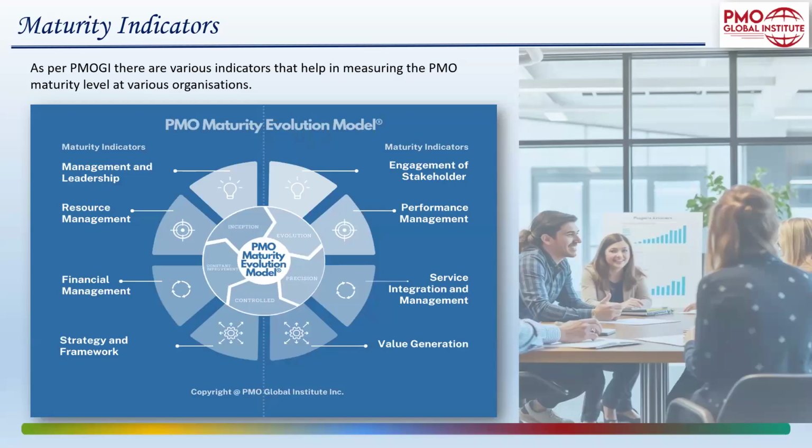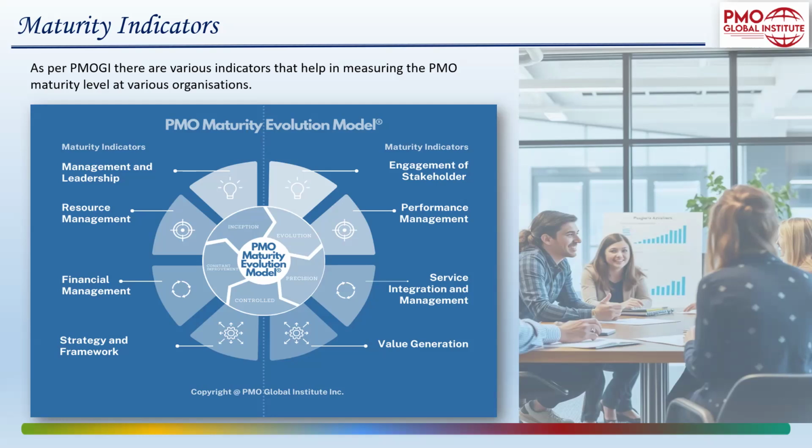Now, coming again to PMO maturity, there are certain indicators which can help PMO organizations achieve success. According to PMO Global Institute, there are certain indicators. You can see some of them here, for example, management and leadership. This is one of the key indicators which will tell us how successful a PMO will be.